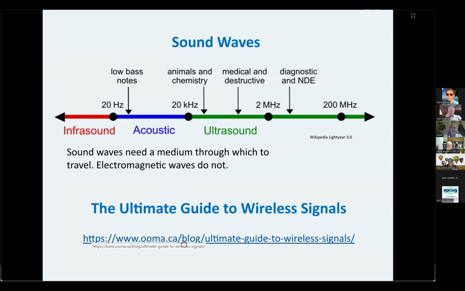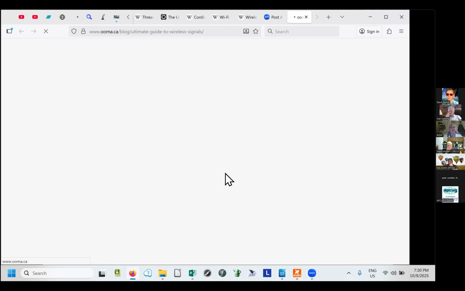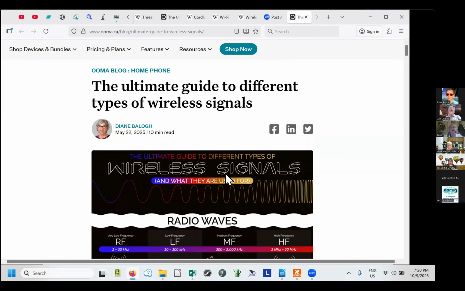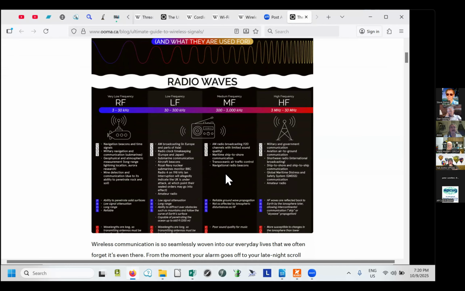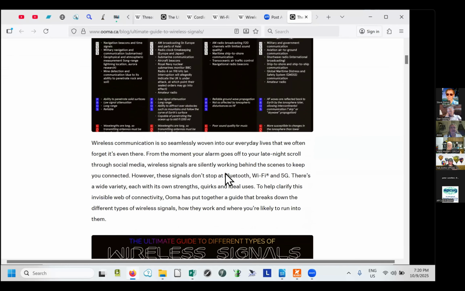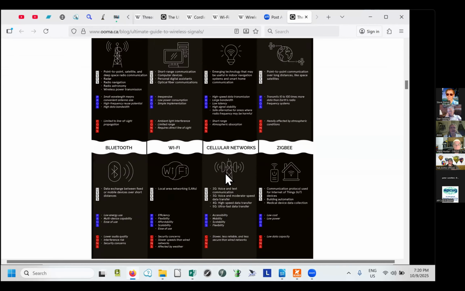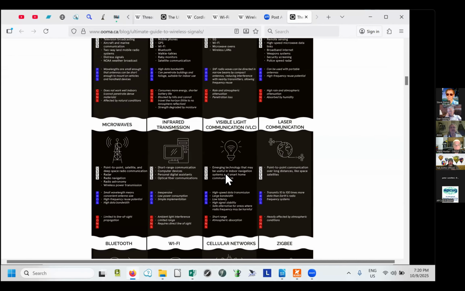Okay, so I found this ultimate guide to wireless signals. See if I can get it to load up here. Yes, there it is. Different types of signals. It's a very compact way of looking at everything. Radio waves, all these different kinds, and a little bit of description.